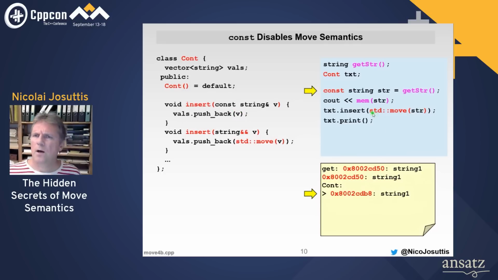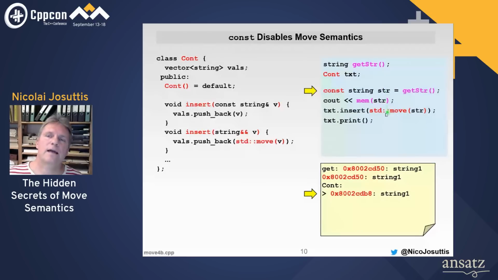You might wonder why we don't treat this as an error. If I have a const, so move has no effect, why shouldn't I get an error here? Well, think about generic code where we have templates. You might get this str of a type T. This type T might or might not be const, and your generic code should work in both cases.